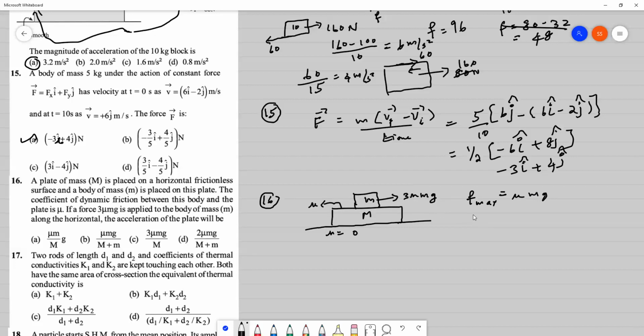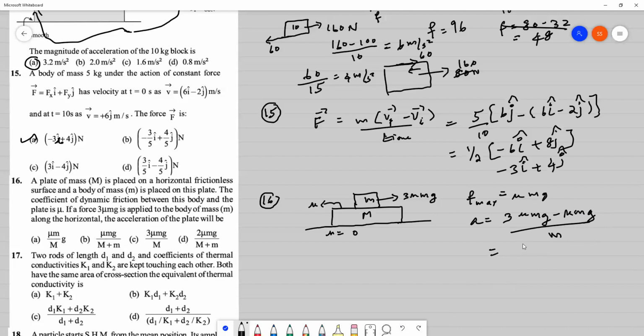So this is moving separately. So what will be the acceleration of this mass? This mass acceleration should be equal to 3 mu mg minus mu mg, that is the friction force, divided by the mass m for that block.